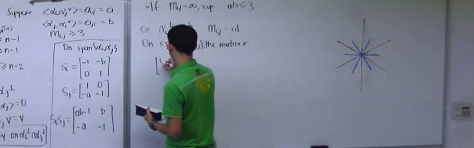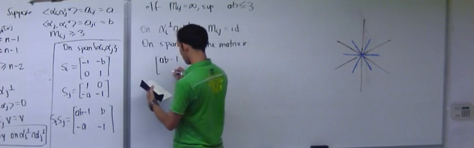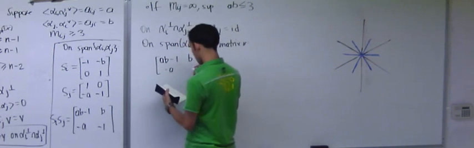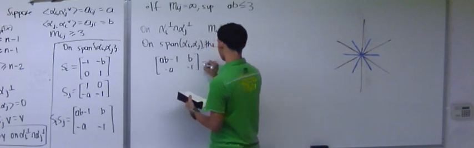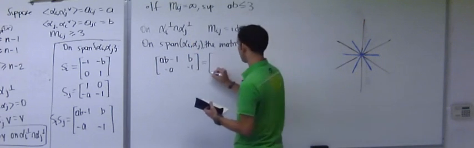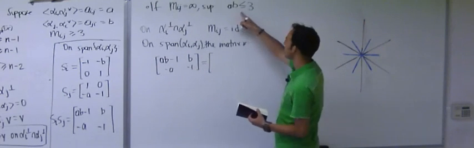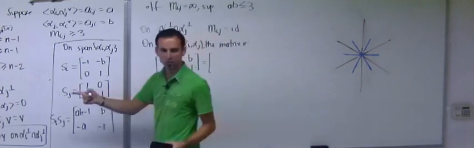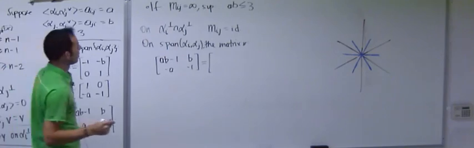I mean, it looks like this, right? And depending on what AB is, for example, well, we know that AB cannot be 0 because we already talked about the case AB equals 0, and we understood that for AB equals 0, we get order 2. So let's suppose that AB is 1, 2, or 3.